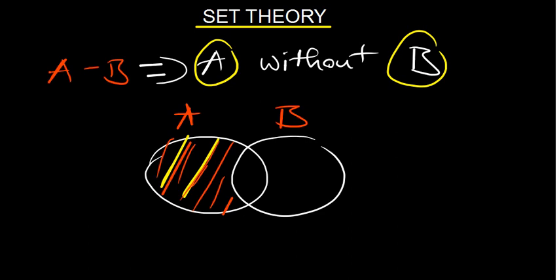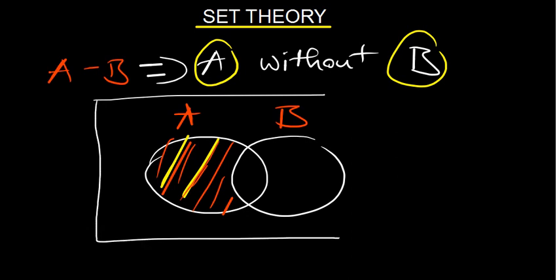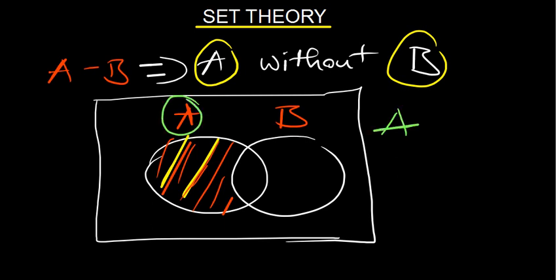So how do you simplify it? Think about it in a different way: let's assume we didn't have A minus B, and we're asked to describe the shaded region. How would you approach it? First, note that the shaded region is part of A, of course. Then, is it part of B? I'm sure it's not.